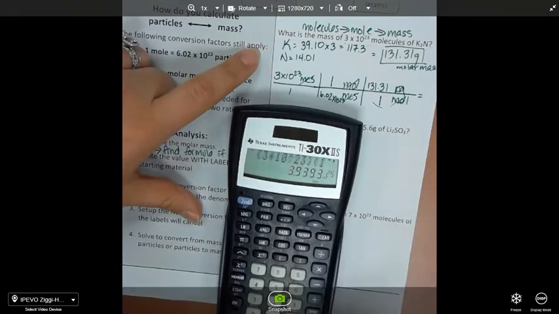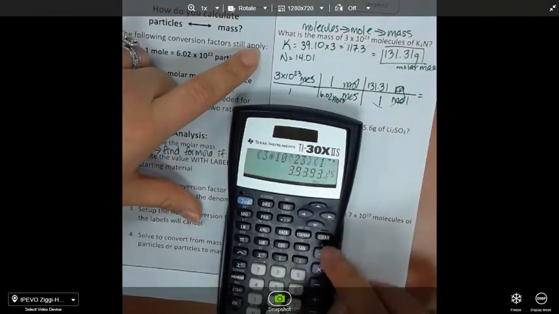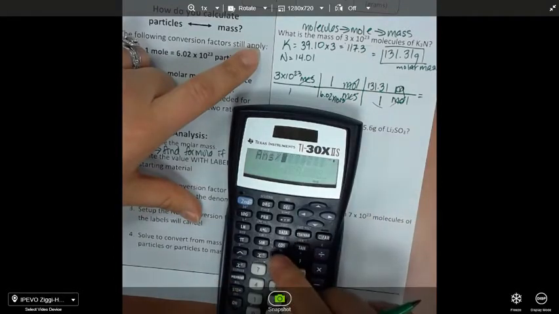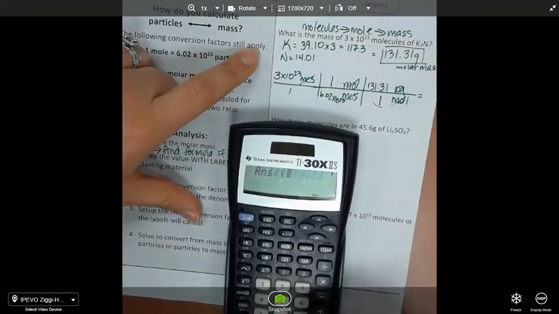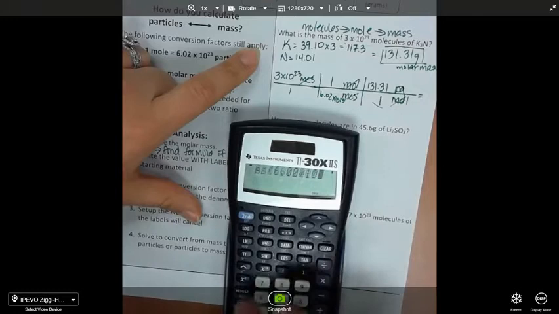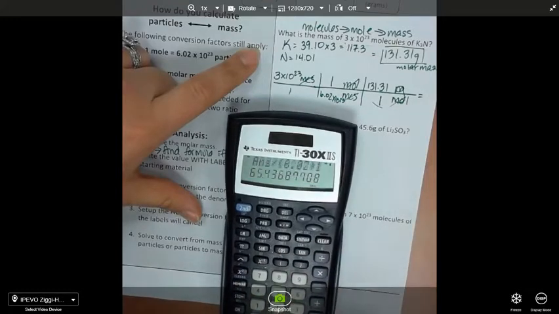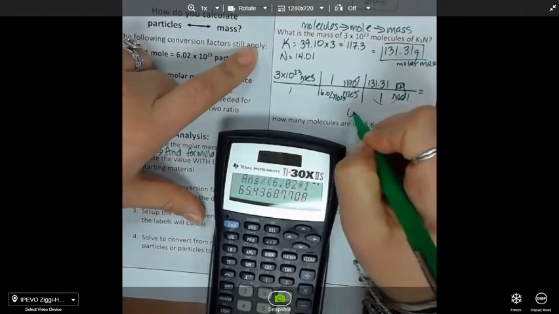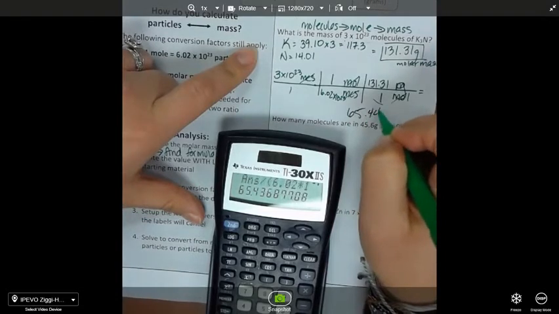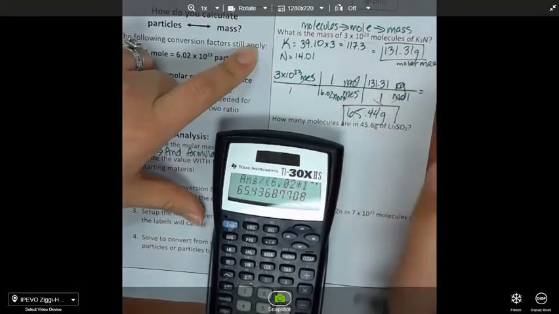I'm going to hit equals. Then I'm going to divide this answer by 6.02 times 10 to the 23rd; you must use parentheses around any numbers with an exponent. And the answer that I get is 65.44 grams. That's my answer.